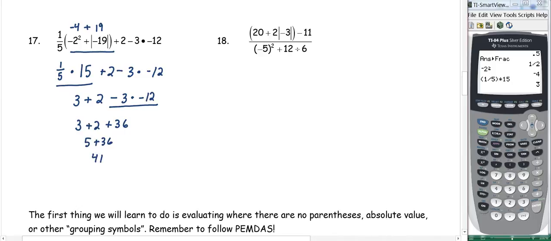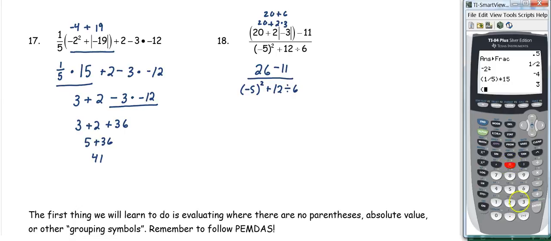Number 18. So we need to simplify the parentheses on the top first. The absolute value of negative 3 is 3, times 2, plus 20. 2 times 3 is 6, so 20 plus 6. We end up with 26 minus 11 in the numerator. We have negative 5 squared plus 12 divided by 6 in the denominator. So we're going to square the negative 5.